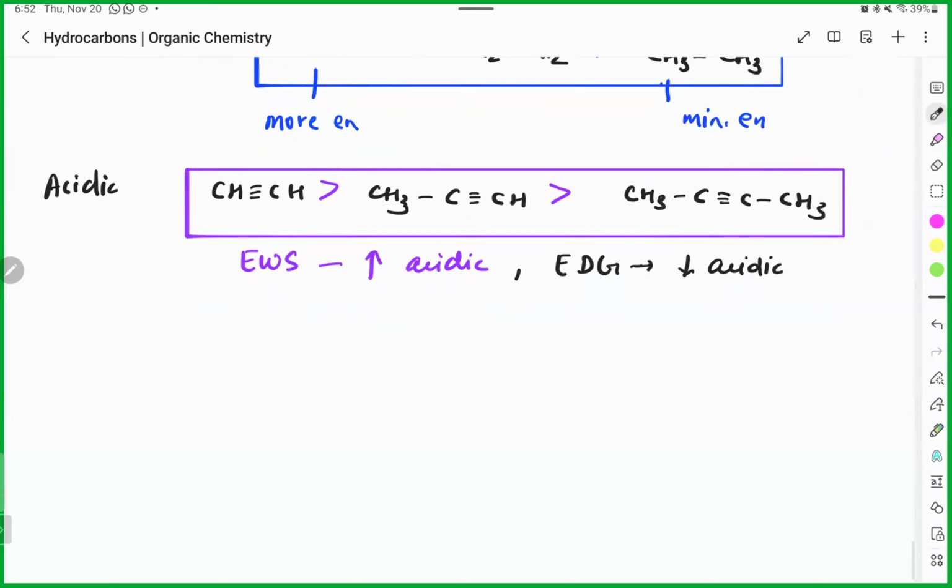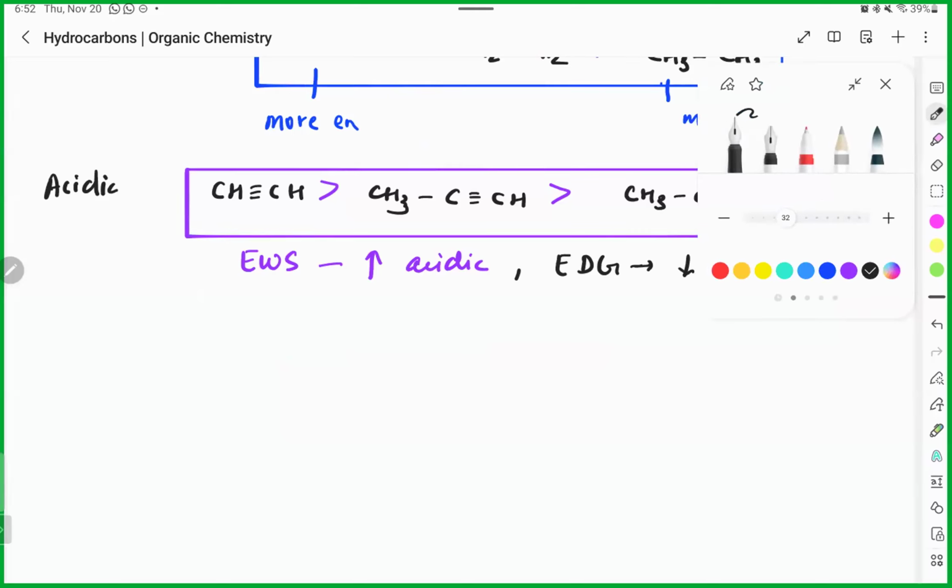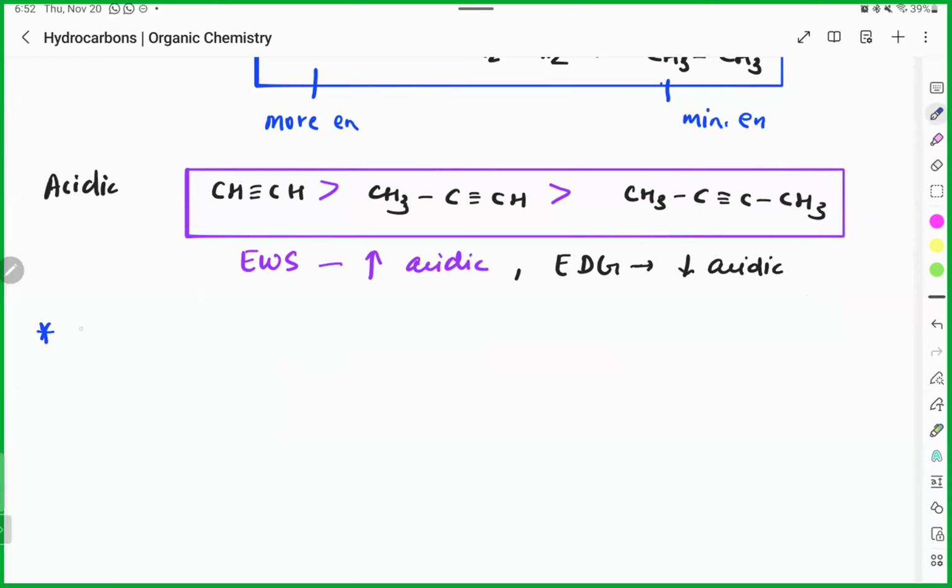What type of reaction will this alkyne show, addition or substitution? Addition reaction. Remember, alkene and alkyne both show addition reaction because of the pi bond.